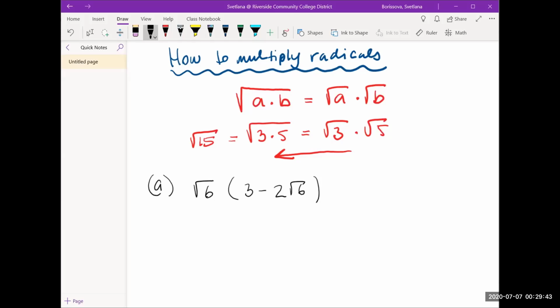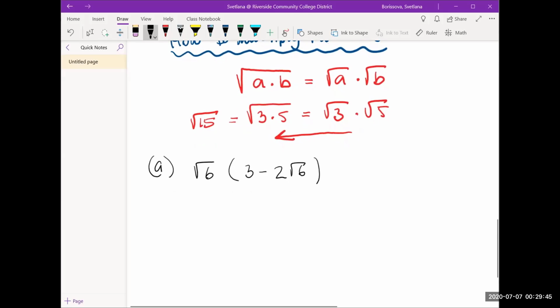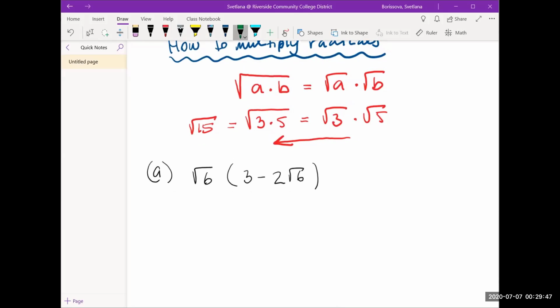First of all, based on the structure of this problem, we see that we need to distribute, right? So square root of 6 has to be multiplied by 3, and then square root of 6 has to be multiplied by 2 square root of 6, this way. Now, how do we multiply? We just talked about how we multiply two radicals, right? But what if it's a number and the radical, like my first product is square root of 6 and 3.